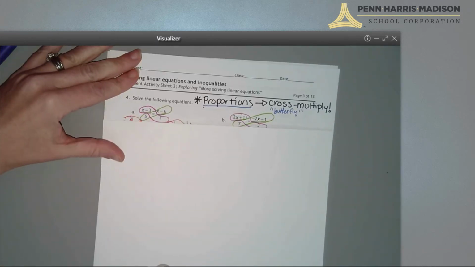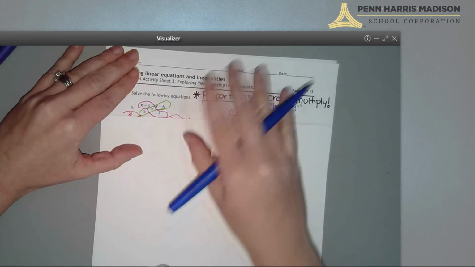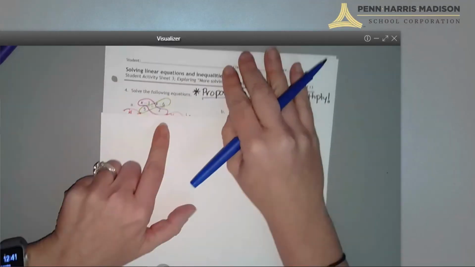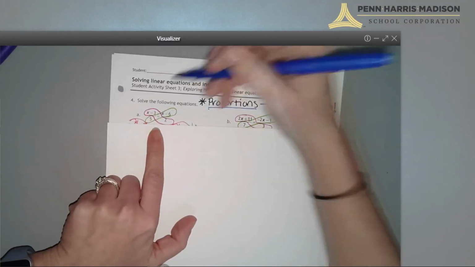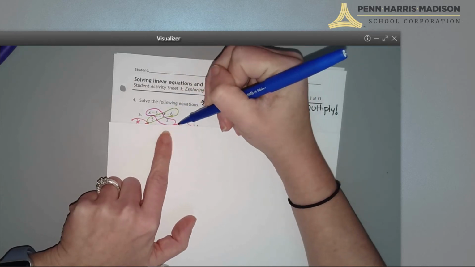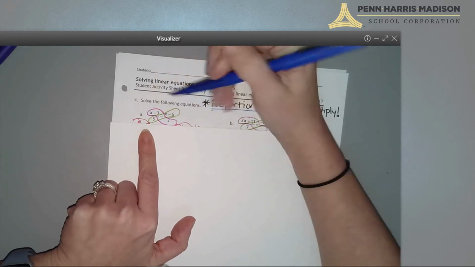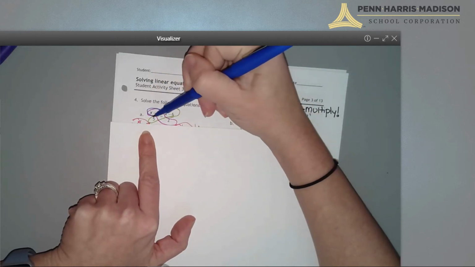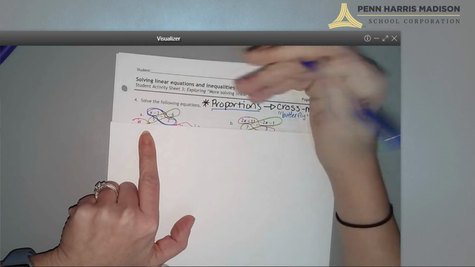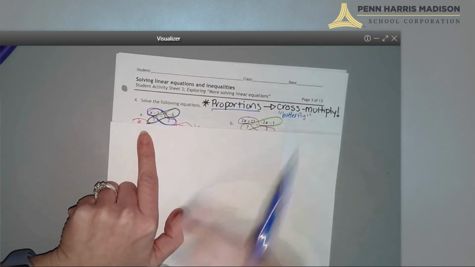So all we're going to do here, guys, and I apologize, you're going to see 2 problems at once here, but let's just pay attention to this one. The problem said (x minus 3) over 5 equals (x minus 6) over 2. We're going to cross multiply. That means you can see I took the pink here, and that gets multiplied together, and then my 5 to my x minus 6.